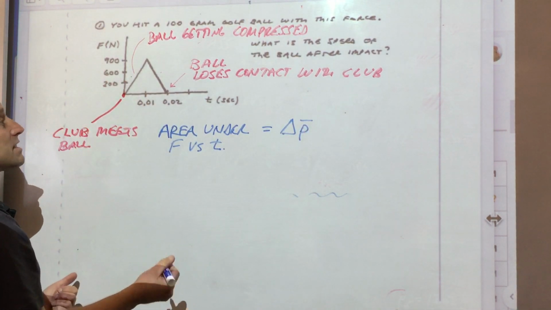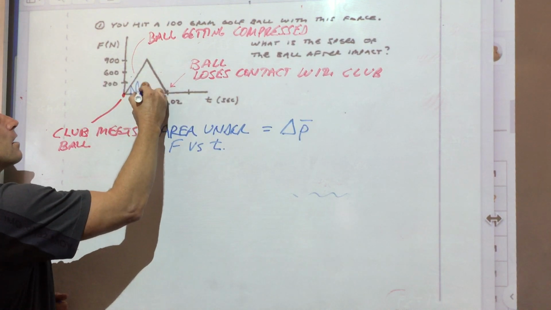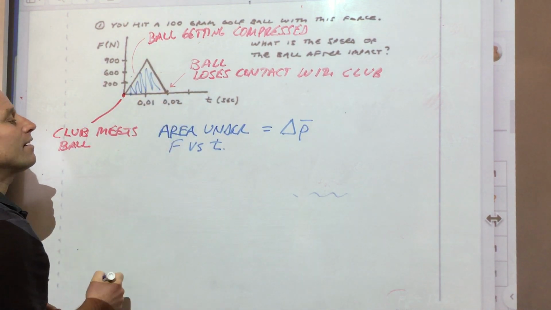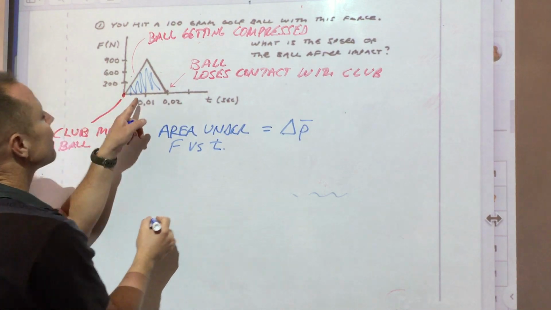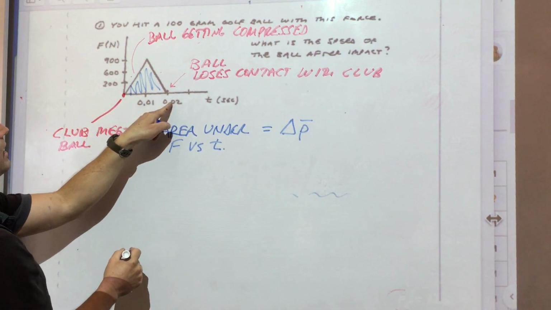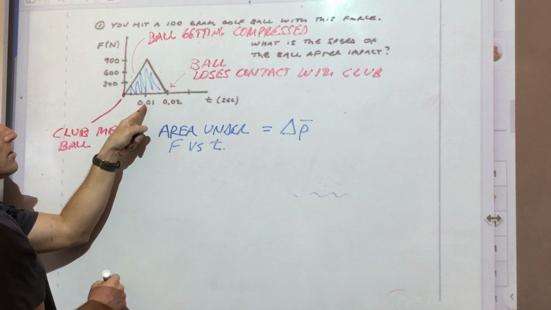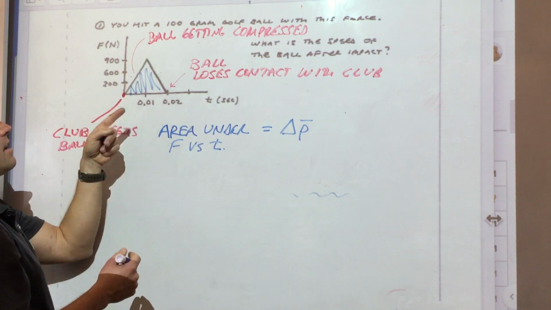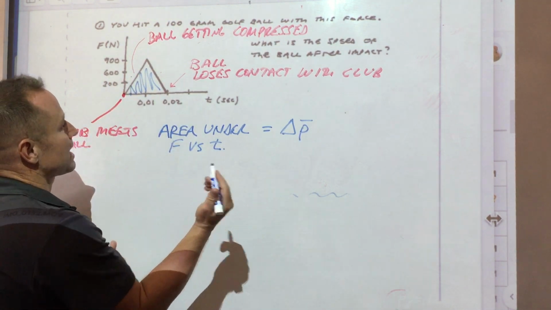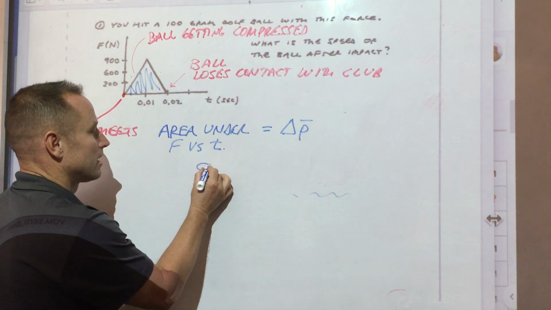All right, so let's get the area. The area under this thing is half the base times the height. Half the base is 0.01, so 1/100th, and the height is 900. So the area under this thing is going to be 9.